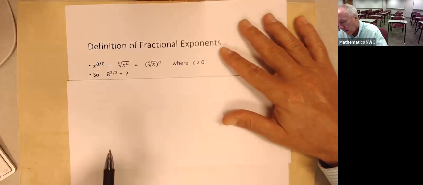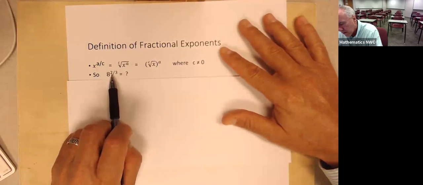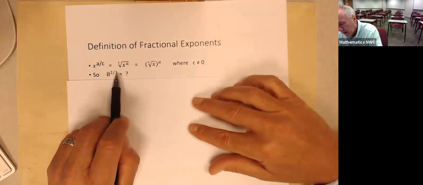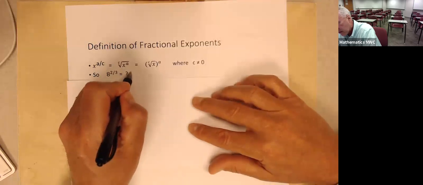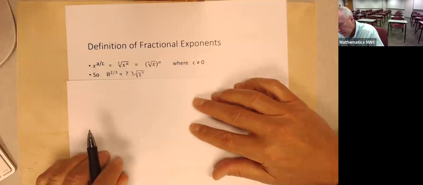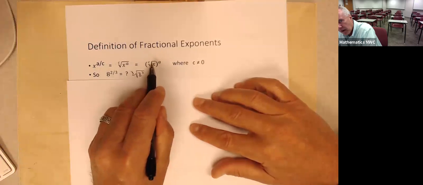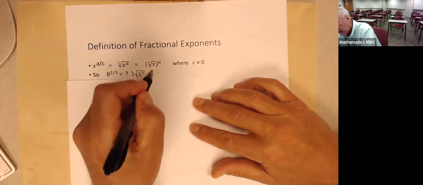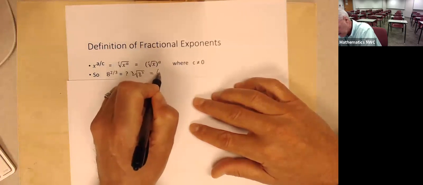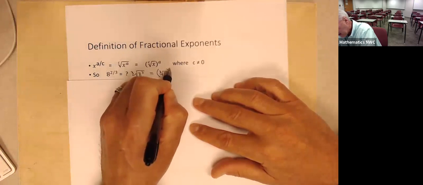For example, this one, 8 to the 2/3: the denominator is the type of root. So this becomes the cube root of 8 squared. Or if I want, I can take that 2 and move it out, like this, where the a got moved outside. So I could change this to the cube root of 8, squared.